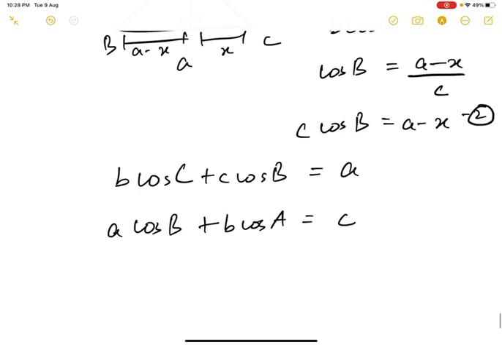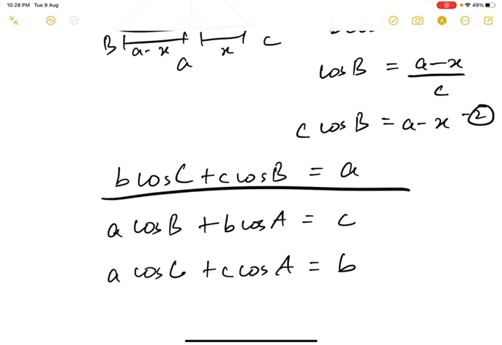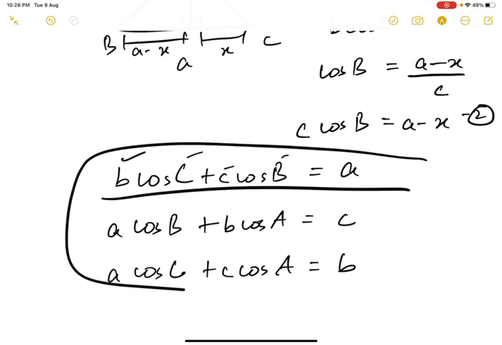C. After that, can I say a cos c plus c cos a is equal to b? Just looking at this pattern, I am getting the other two equations. So these are the equations of your projection rule.